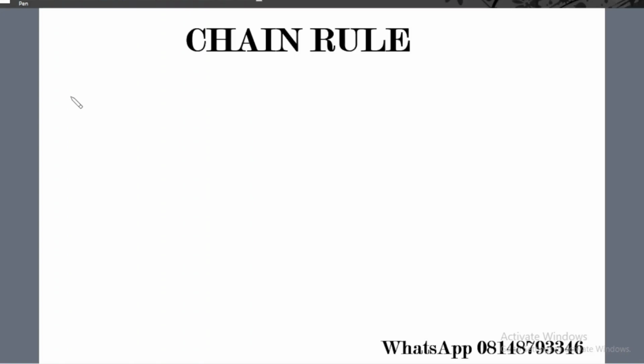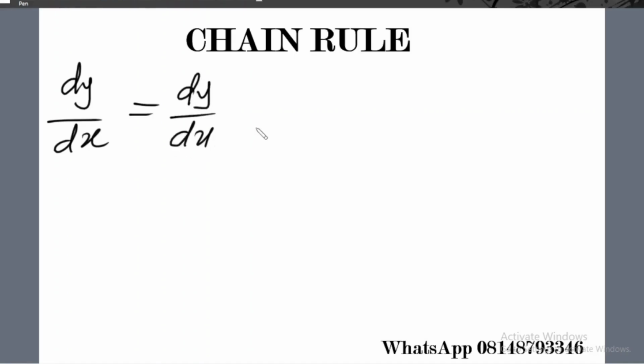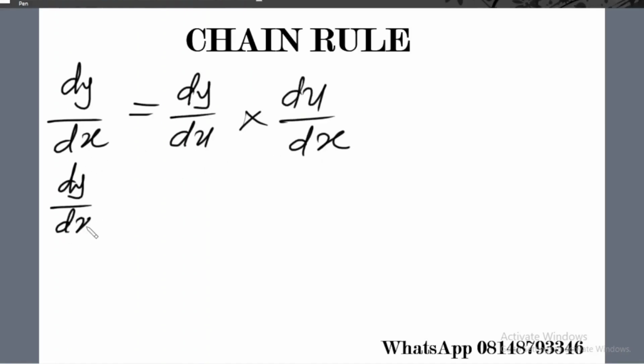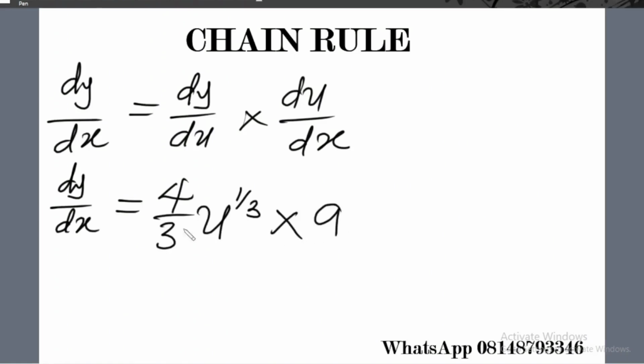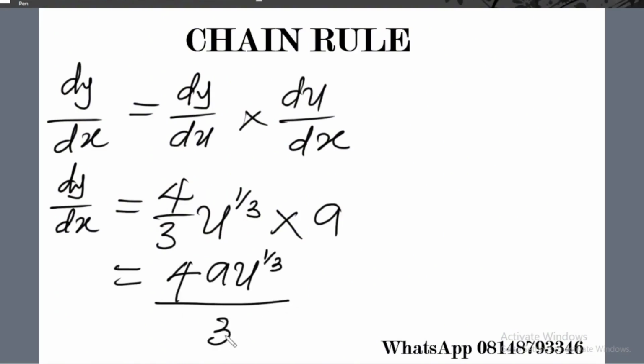Now, let's substitute all the parameters gotten into the chain rule formula. dy all over dx equals dy all over du multiplied by du all over dx. Substituting, we have dy all over dx equals 4 over 3 u raised to power 1 over 3 multiplied by a. If you multiply this, you would get 4a u raised to power 1 over 3, all over 3.